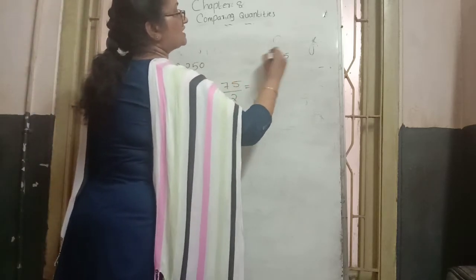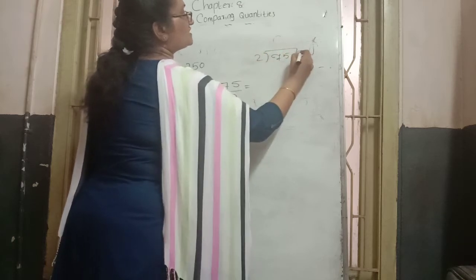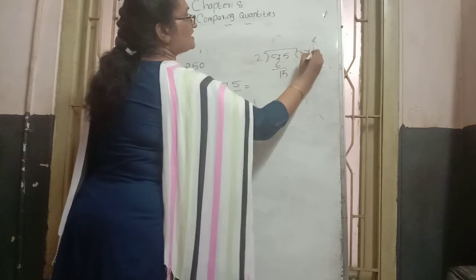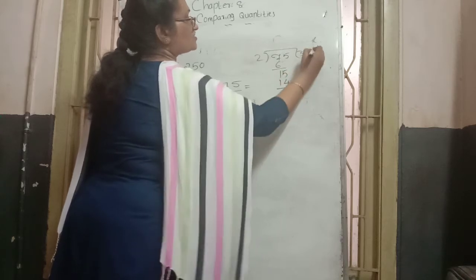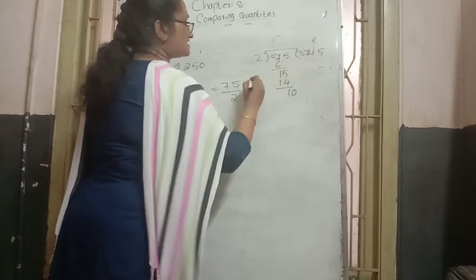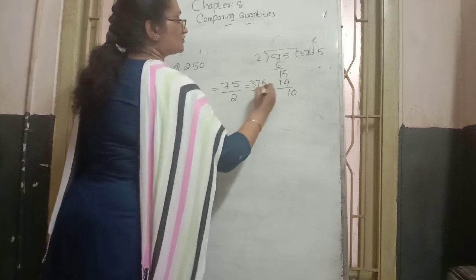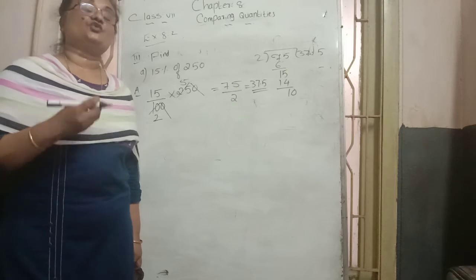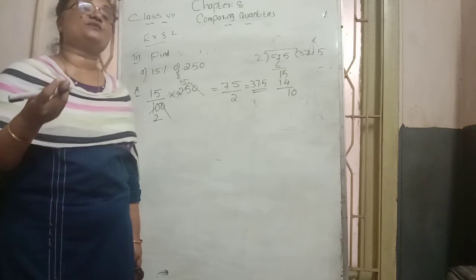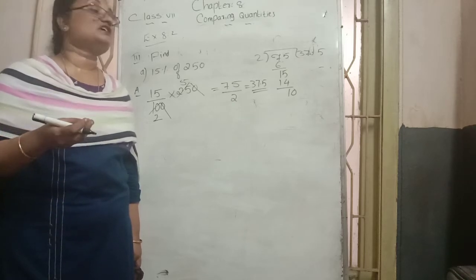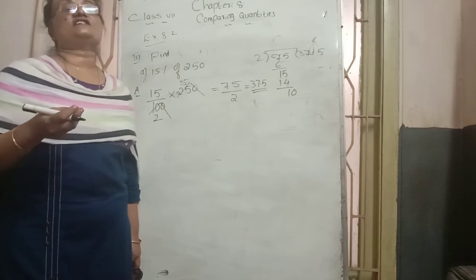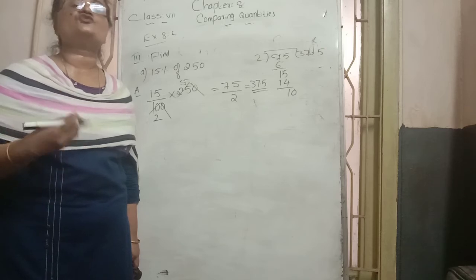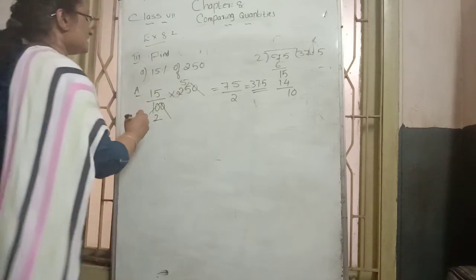How much will come? That is the answer. 2 table 3 times 6, subtract. Then 15 means 7 times 14, subtract 10. So what is the answer? 15 percentage of 250, suppose in my hand 250 rupees is there, represents how much? 37 rupees 50 paise is the 15 percentage of the 250. That is the meaning of this question.